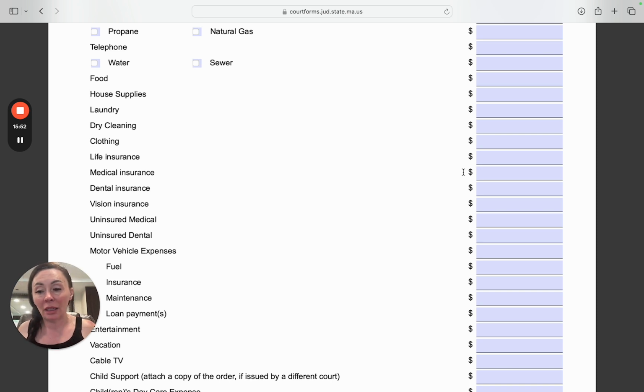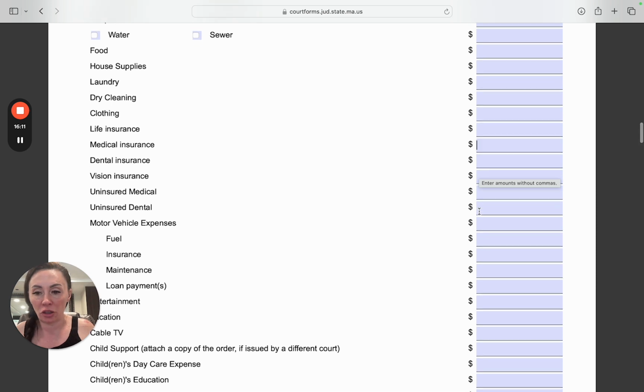Do you have a plan through your job where the deduction comes out of your paycheck? Or maybe you're on a Commonwealth care plan where you pay it outside of your paycheck and you send the check yourself. Make sure you're reporting the medical insurance in the right section.